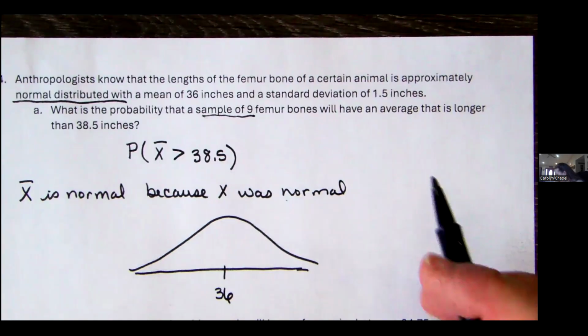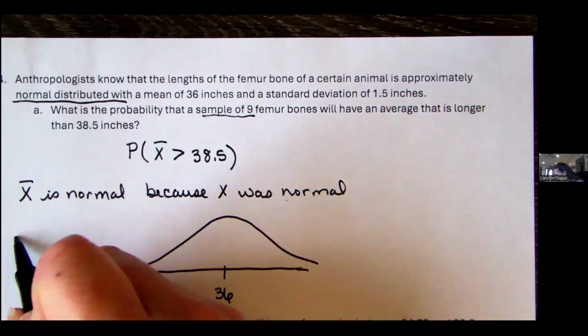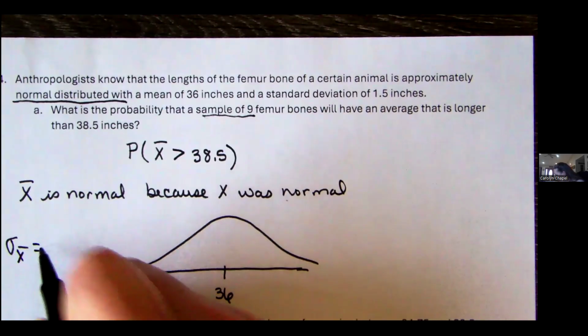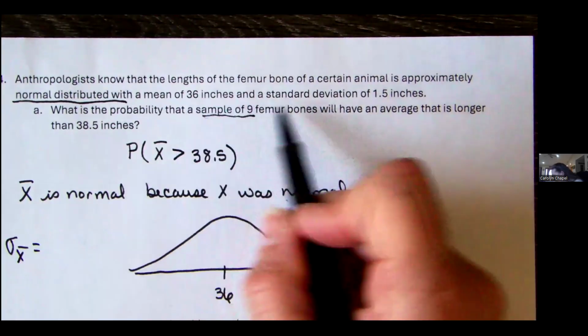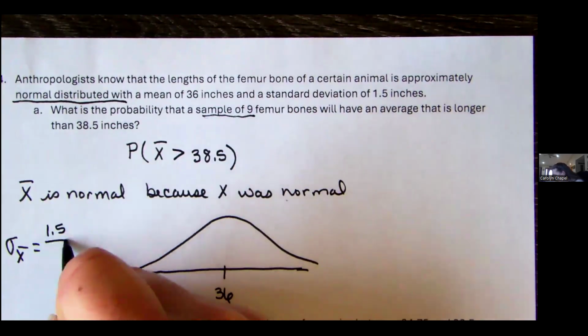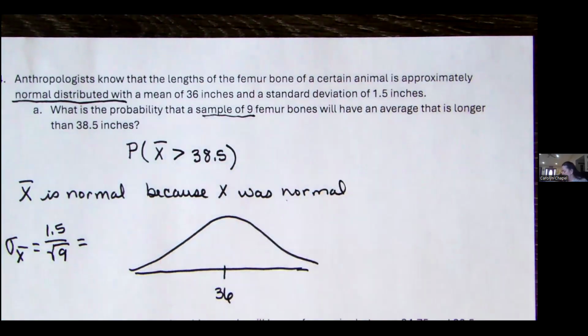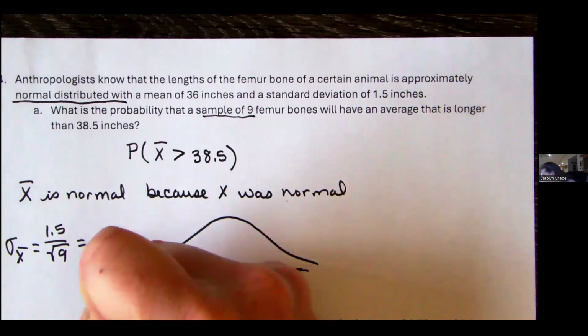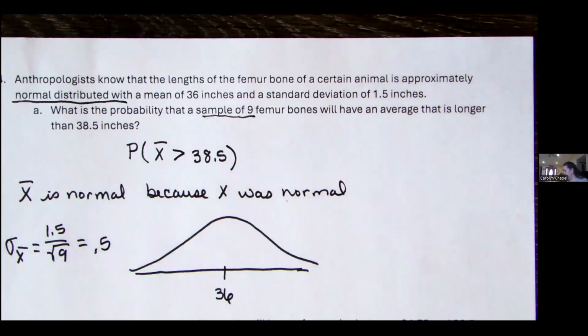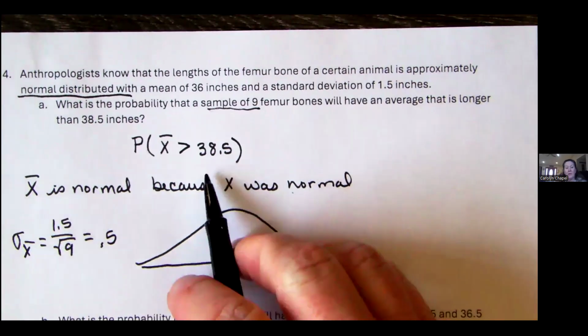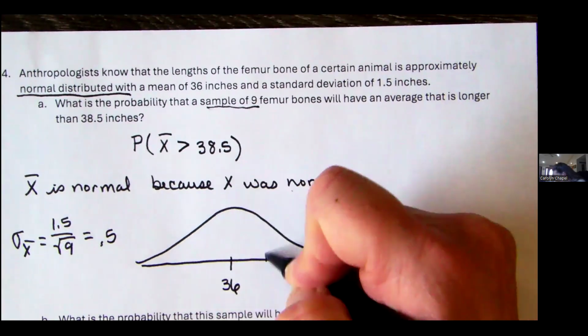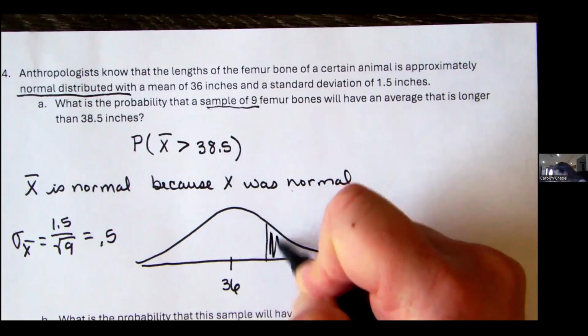And the standard deviation is going to be that standard deviation of 1.5 divided by the square root of n being 9. So we're taking 1.5 divided by 3. So we get 0.5. And we want to go bigger than 38.5. Okay, so we're going to be looking up here.